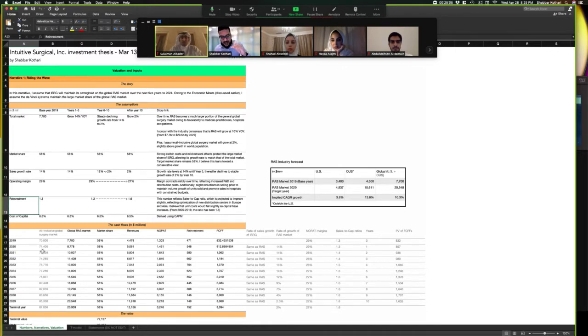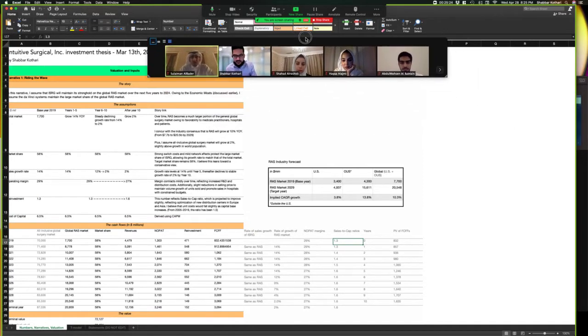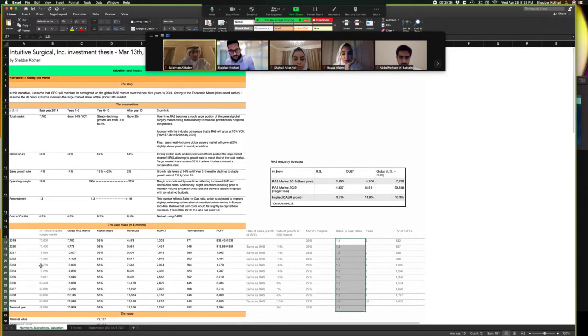So I assume that over time, it's going to grow from 1.3 today, slowly to 1.6 by 2029. If you want to get a clearer picture of this, look at column L. Come down to L17, you'll see L17 all the way down to L28 is the sales to cap I'm assuming for the projected years.